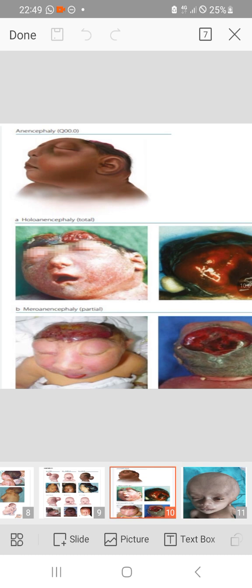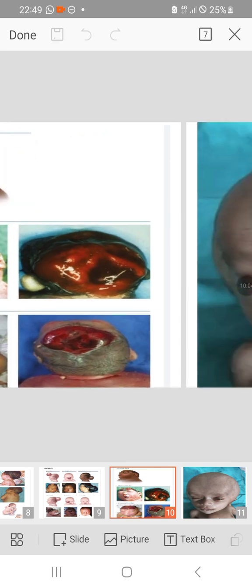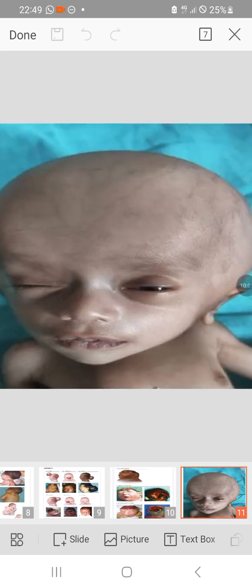Let's go to another neural tube defect, which is hydrocephalus. This congenital defect is due to a neural tube defect.